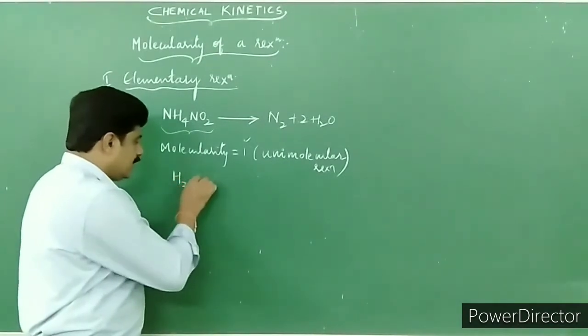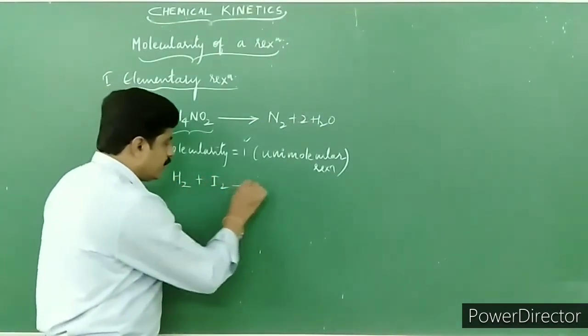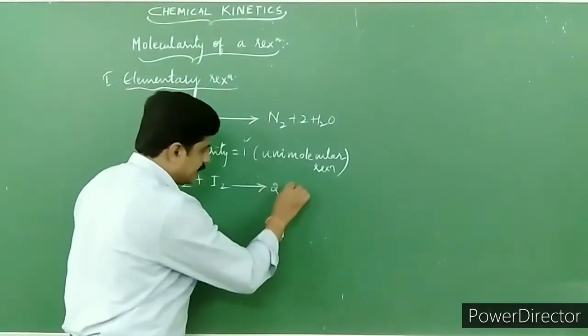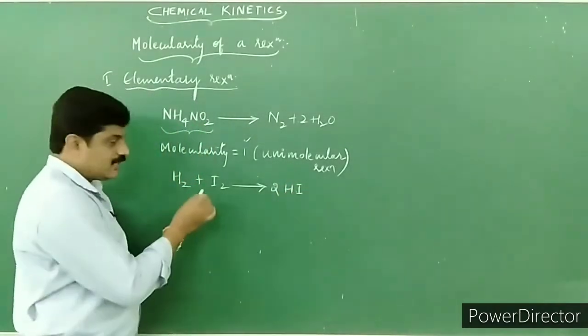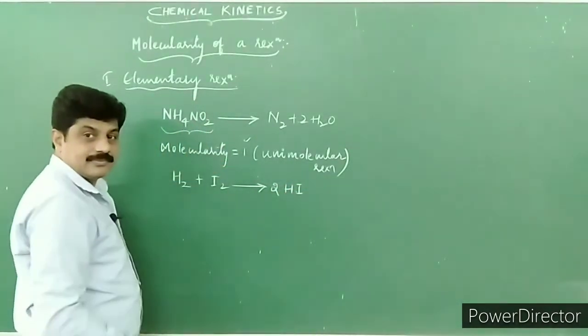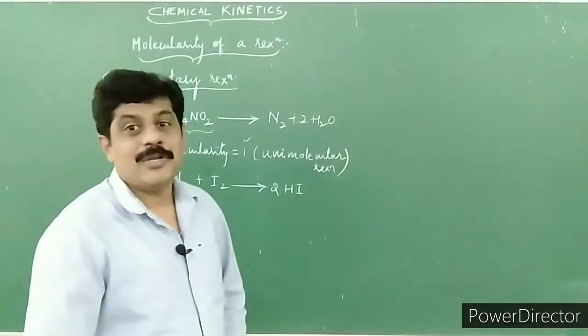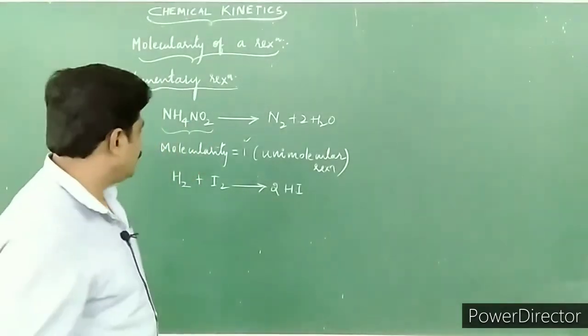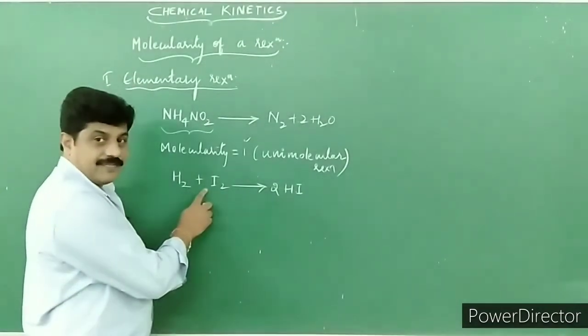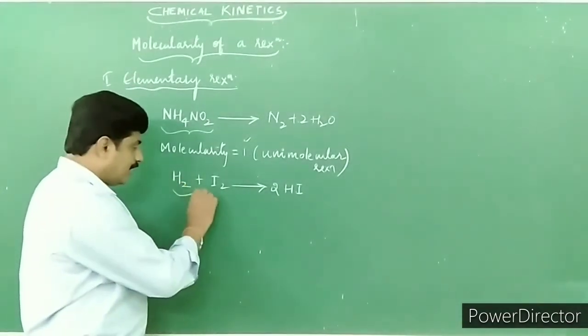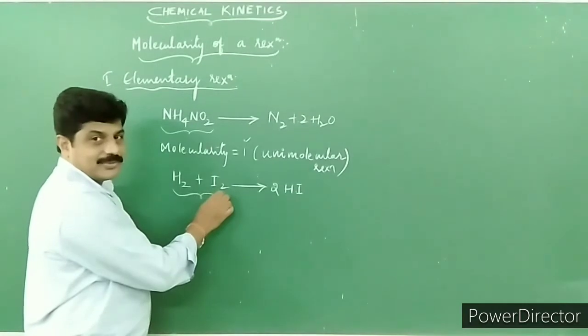Now let me quote one more example, children. Here, hydrogen combines with iodine to form 2HI. Look at here. This also occurs in one step. So what do you call the reaction which takes place in one step? Children, you call them elementary reaction. Now look at here. In this case of elementary reaction, how many molecules are involved here? 2 molecules.